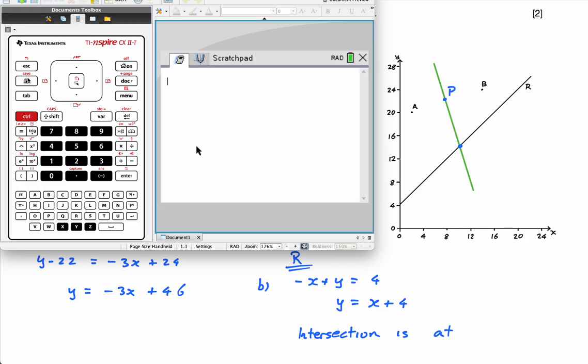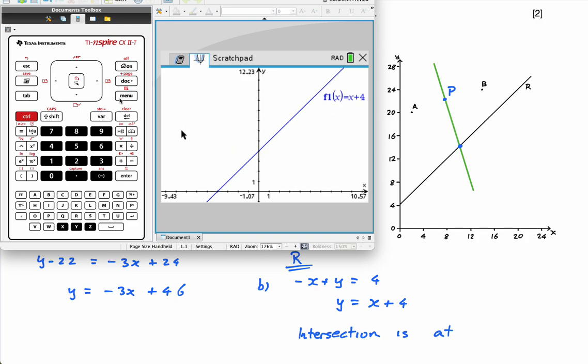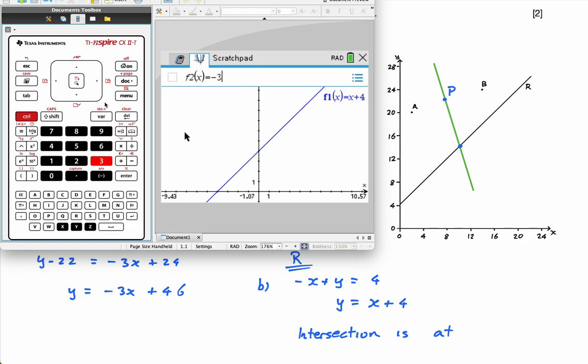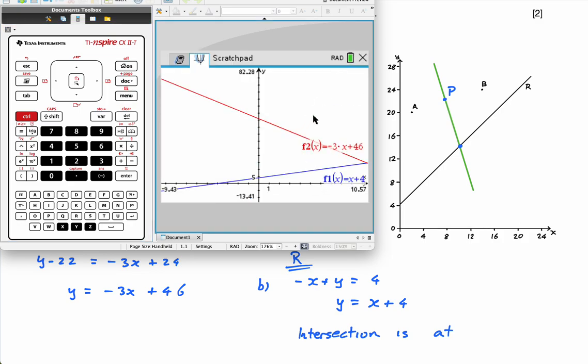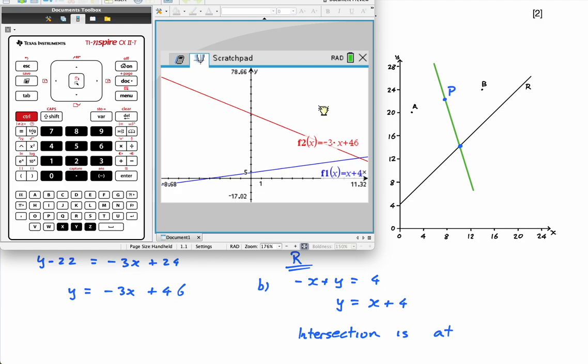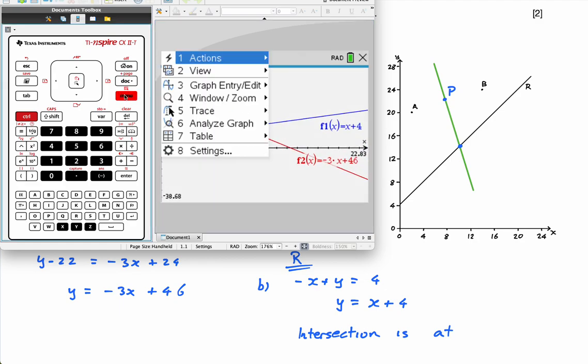Press graph. I'm going to draw x plus 4, that's that line, and then minus 3x plus 46. Can't see it, so let's zoom fit. Not bad. That's where they meet.